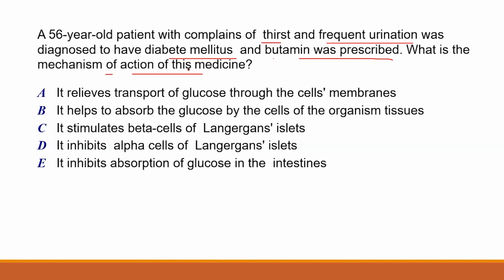In type 2 diabetes, we want to stimulate the beta cells of Langerhans for this patient. So basically, we'll go in for C as our likely answer. Why beta cells? Because they are responsible for the production of insulin. So yeah, we'll go in for that.